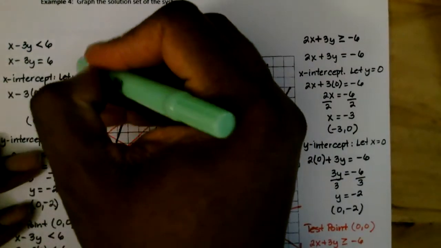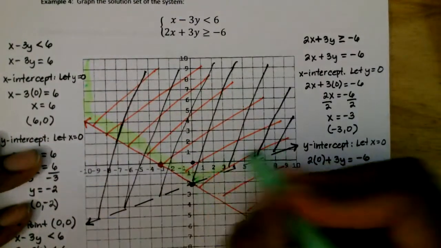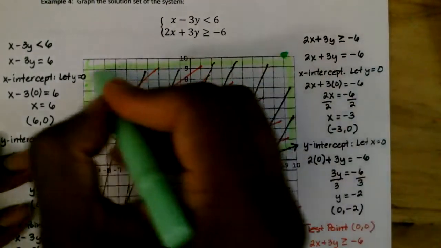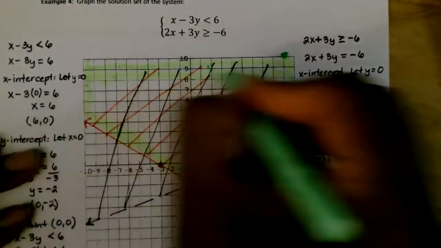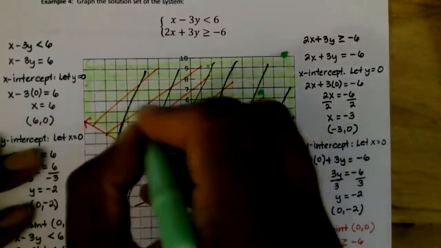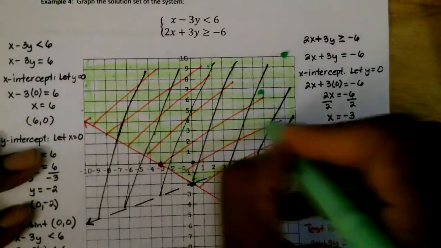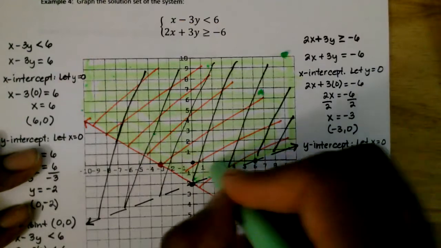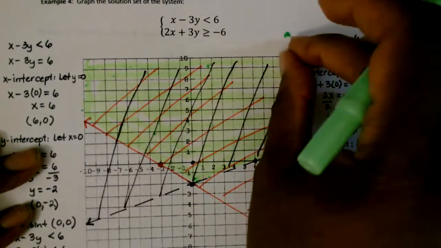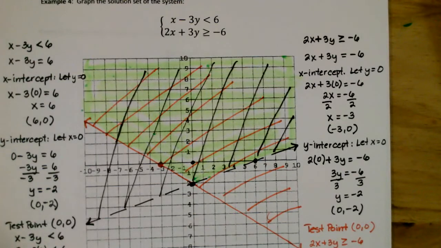Okay. So here, this is what I will shade. This is the region that I'm going to shade right here. That's the region I shade, where the black lines and the red lines cross in this case.